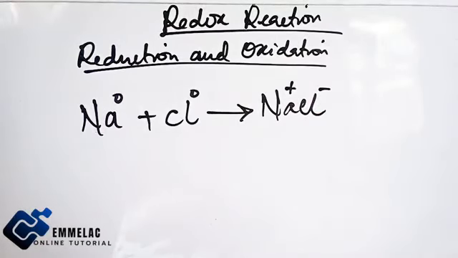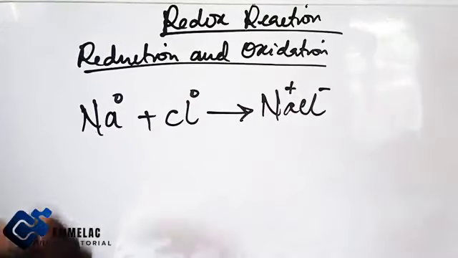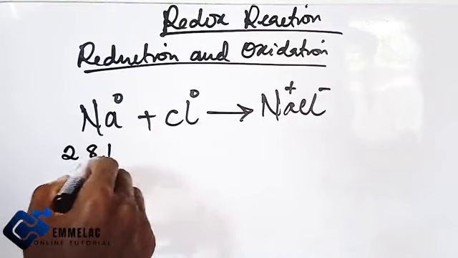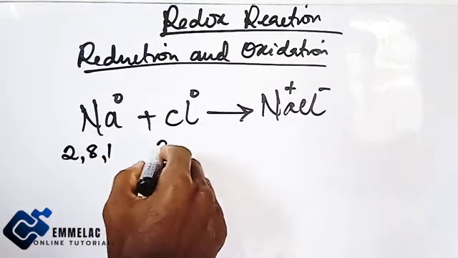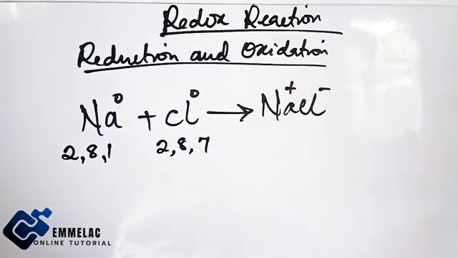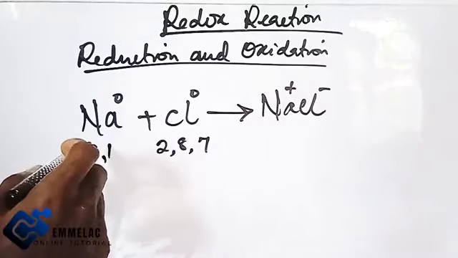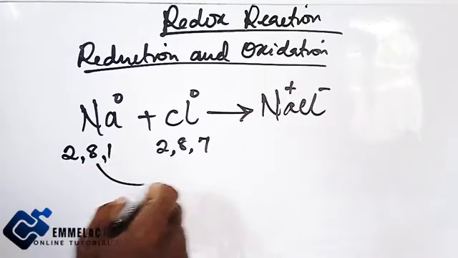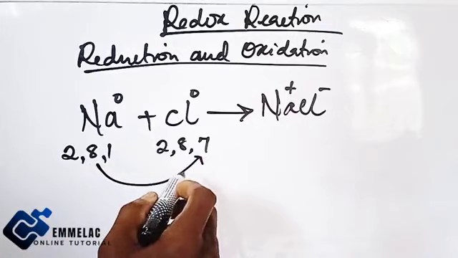To explain further, sodium has an electronic configuration of 2,8,1 and chlorine 2,8,7. Sodium gave out this one electron to chlorine.